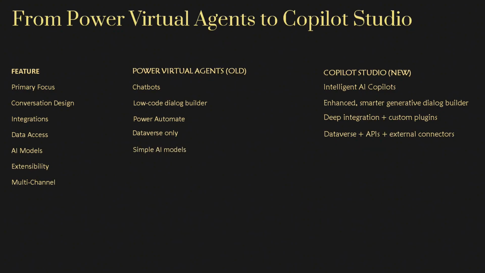The AI model was very basic, because it was just the starting, but now it has Azure OpenAI integrated into it. So you can give your requirement and it will start generating a bot for you. Extensibility was very limited, and now you have your own custom plugins with code, so you have been extended to a different dimension altogether.